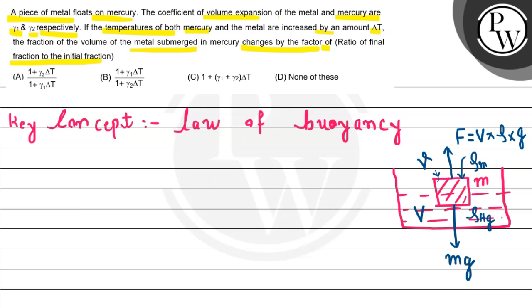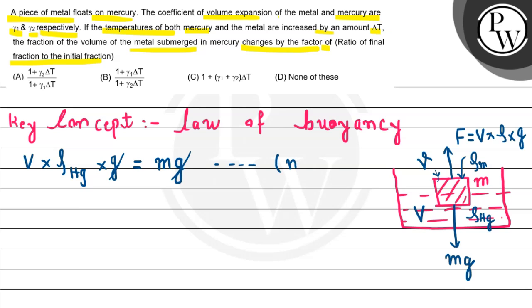So by using this concept, as the buoyant force is equivalent to the weight of the metal piece acting in the downward direction, we can equate both of them. It can be written as volume displaced multiplied by the density of fluid, that is rho Hg, multiplied by g, equals m into g. Now here this g can be cancelled out.